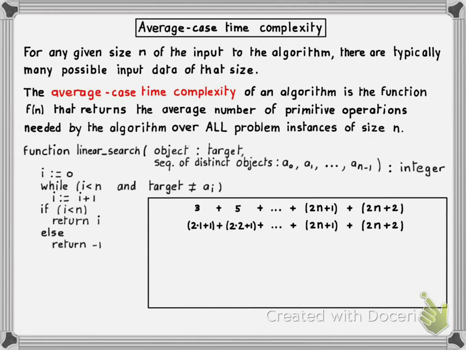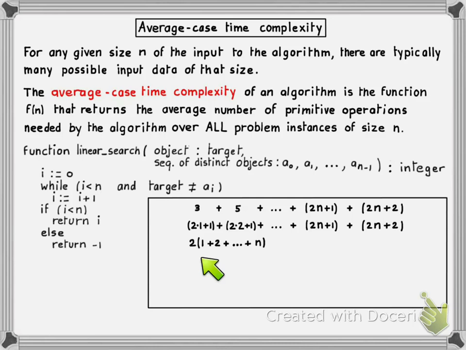Now the advantage of writing these odd numbers like we did is that now we can see a pattern. So we're going to focus first on the terms 2 times 1, 2 times 2, up to 2 times n. We're going to group them together and factor the 2 out. So what we get is 2 times (1 plus 2 plus dot dot dot plus n).